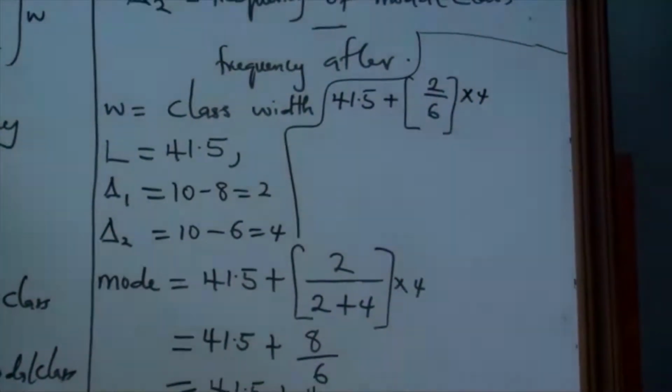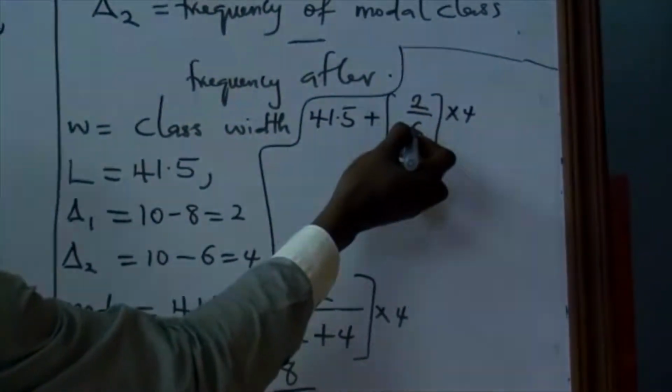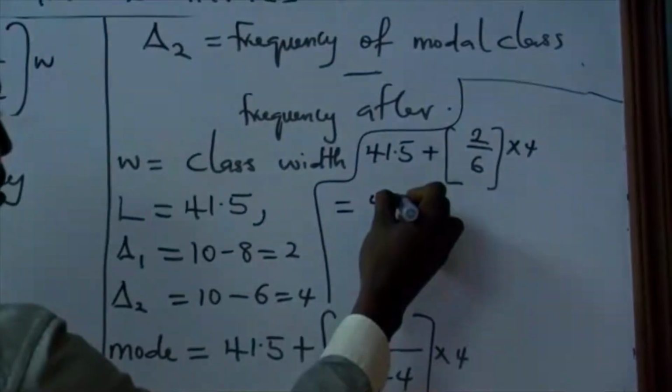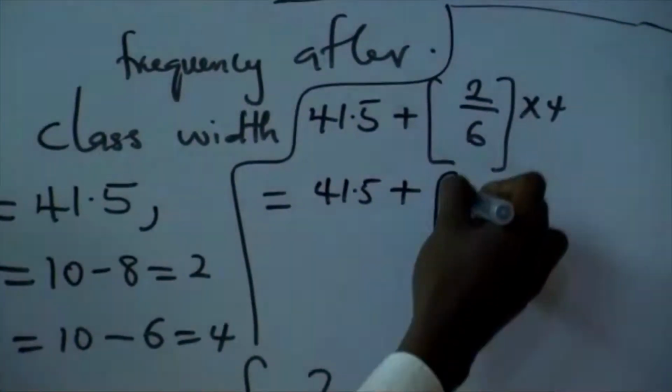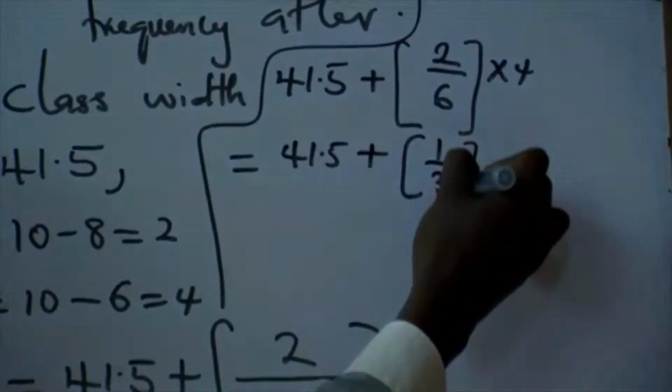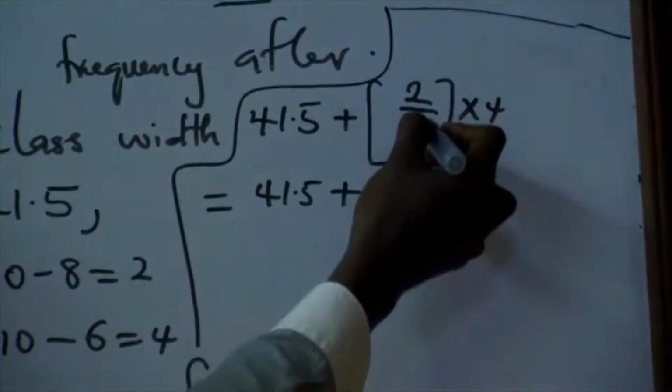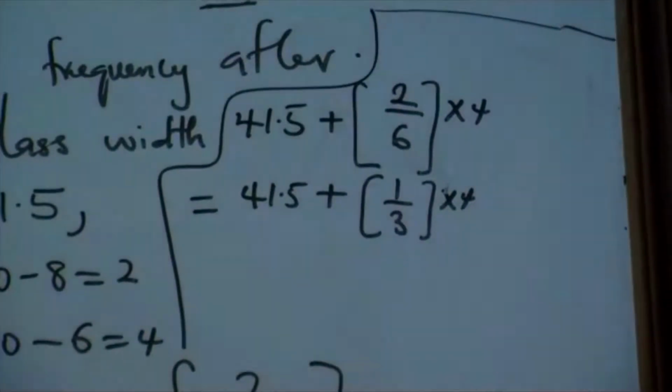If I simplify 2 over 6, I get 41.5 plus 1 over 3 times 4, because 2 in 2 is 1 and 2 in 6 is 3.